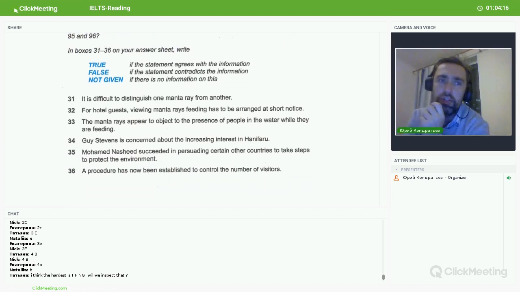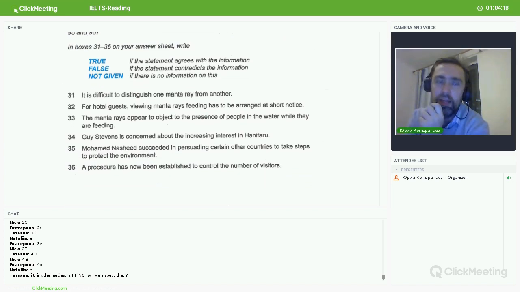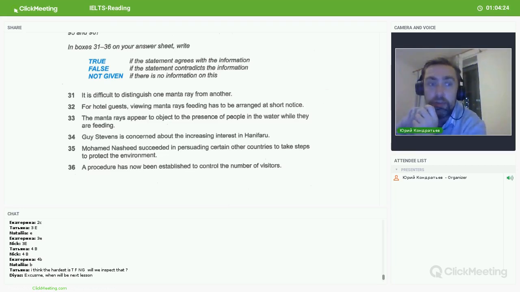Yes, here's an example, true, false, not given statement. Well, what you do is basically the same.